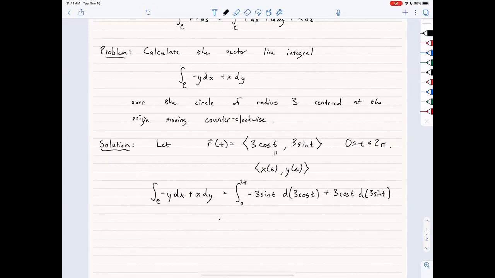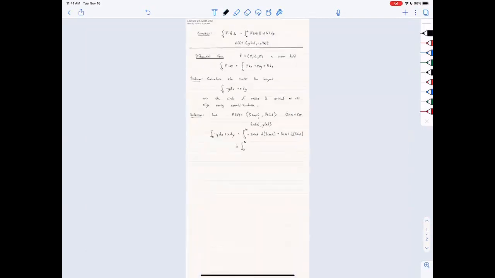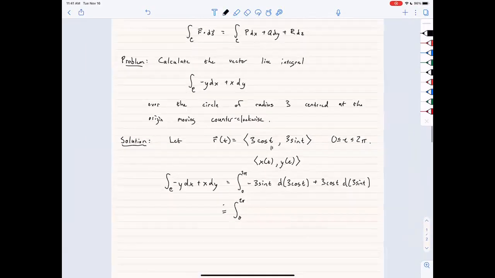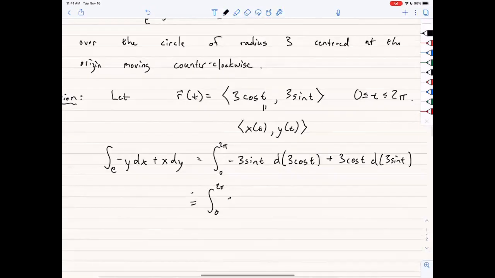So here let's continue. d of 3 cosine of t is -3 sine of t times dt. So I'll get a 9 sine squared t dt here. And similarly, d of 3 sine of t is 3 cosine of t dt.